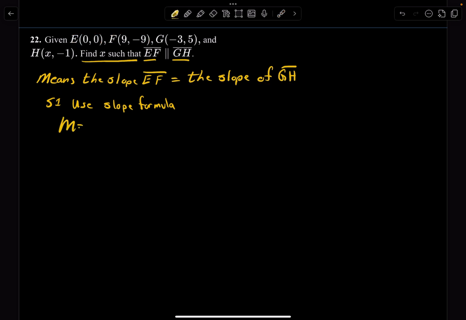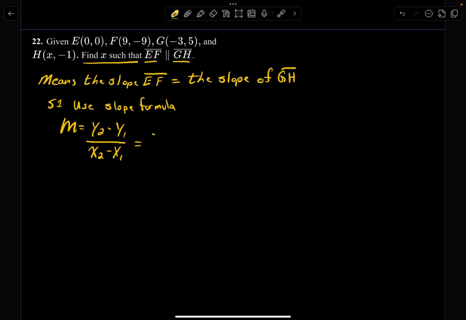So M equals Y2 minus Y1 over X2 minus X1. And in this case, it's going to be negative 9 minus 0 over 9 minus 0, which equals negative 9 over 9, which equals negative 1.